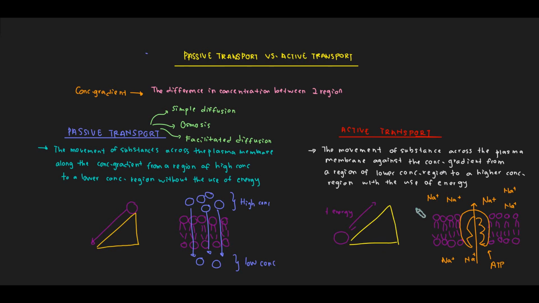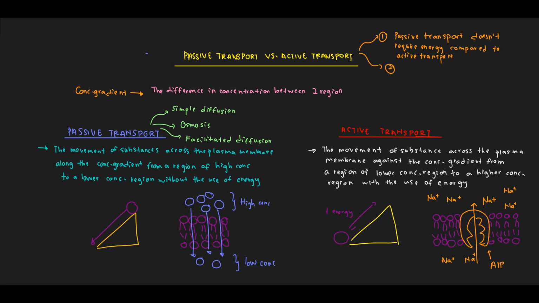Now we are going to look at the differences between passive transport and active transport. The first difference is the use of energy, meaning that passive transport does not require the use of energy compared to active transport.